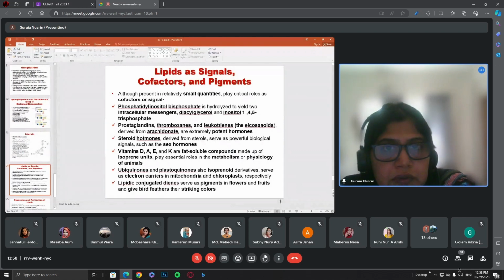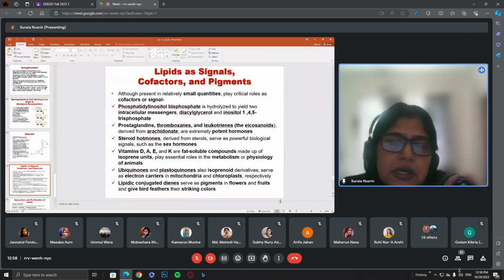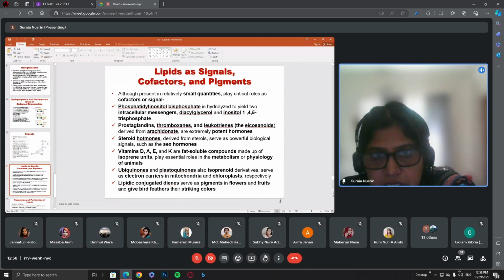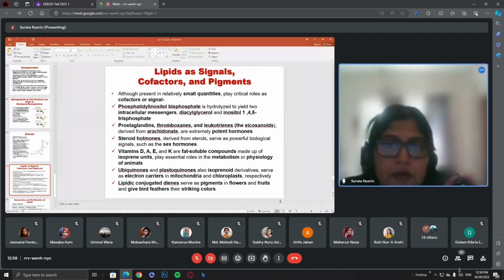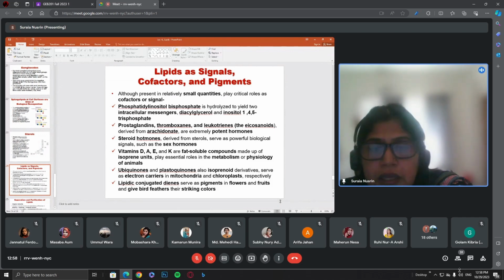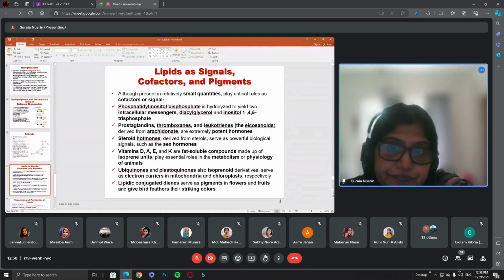Okay, so up to now, actually the major two forms of lipids we learned. The first one was the storage form, and the second one was the membrane lipid, that means the structural lipid. So lipids, we already at the very beginning said that it is diverse in nature, so it has various functions. But only two forms of lipids we focused on, but there are lipids which are involved in other functions, such as functioning as signaling molecules, cofactors, and pigments.